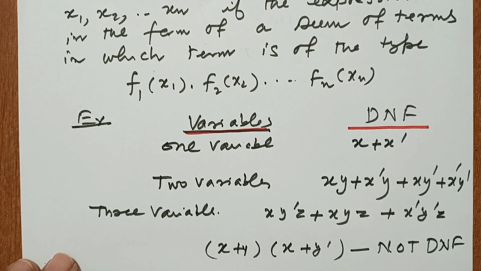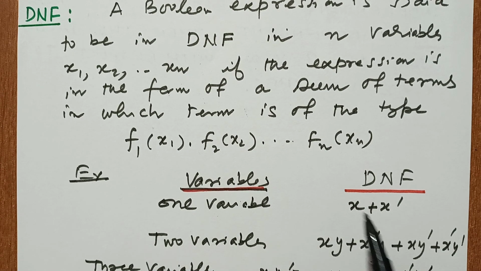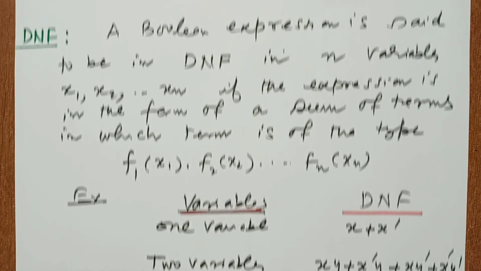So we remember a Boolean expression is said to be disjunctive normal form if it can be written as sum of products. Sum means sum of product. This is product dot x dot y dot z. This is dot x dash dot y, x dot y dash. Okay, so this is disjunctive normal form.